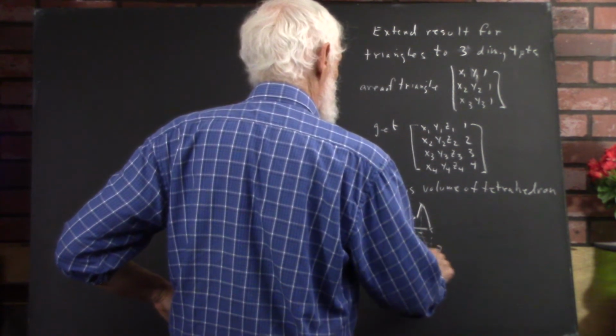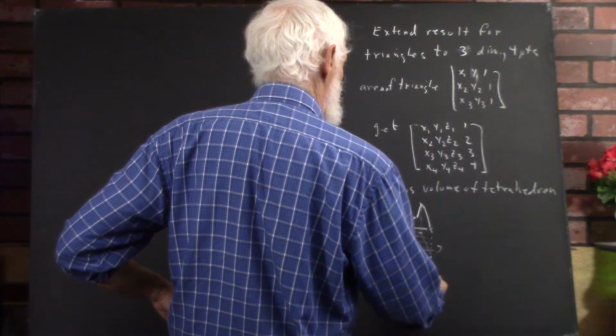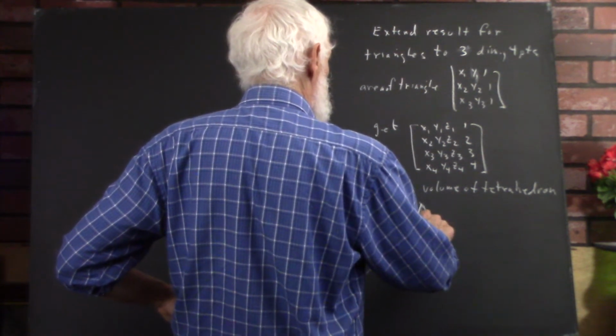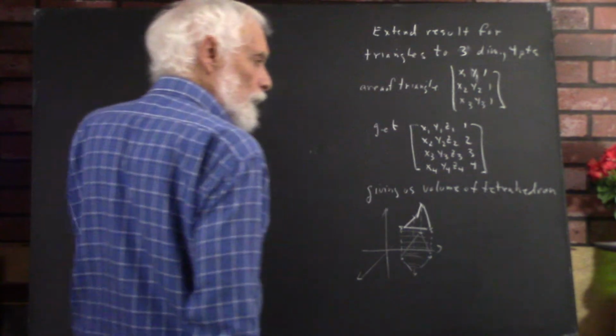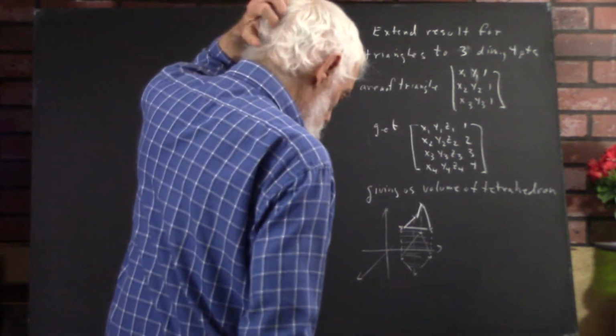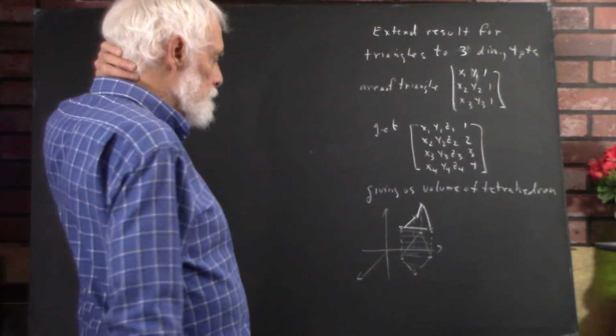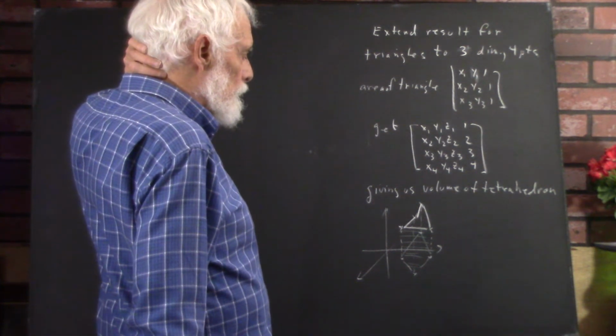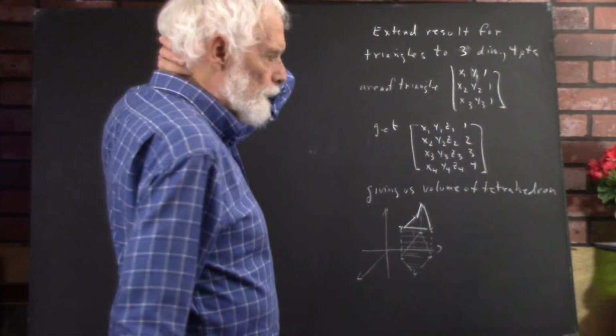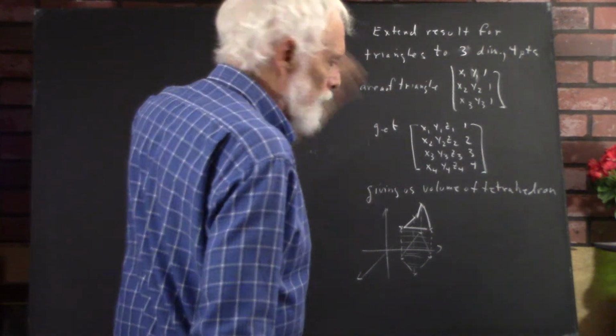Here's the front of it, here's the top, which is kind of weird. It's sort of like the polyhedron figures that we use in multivariable calculus, but it's not nearly as regular.